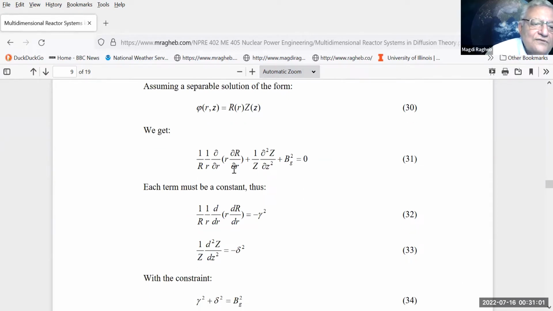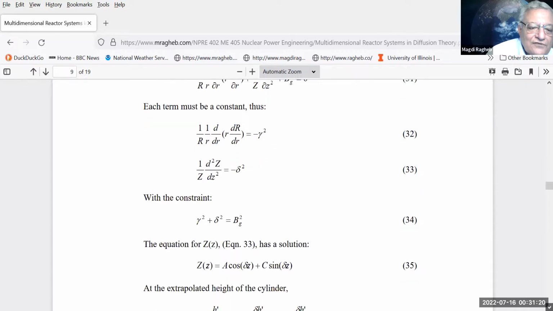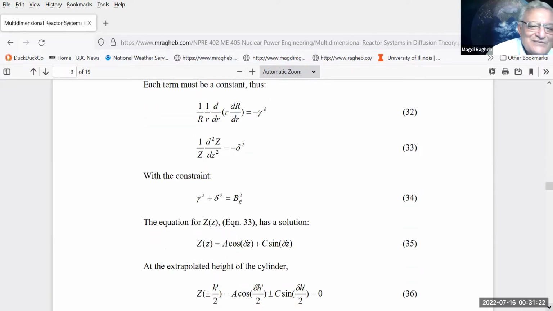Now, since we substituted the partial derivatives with total derivatives, you'll find that you have a function of z that takes the shape d squared Z by dz squared is equal to minus delta squared Z. Oh, that is very simply the form of x double dot is equal to minus omega squared x. And in that case, the solution is very simple.